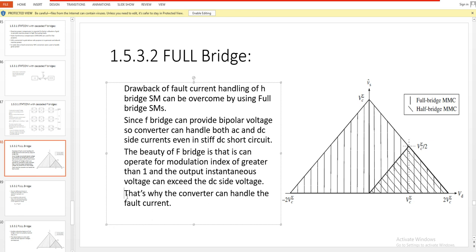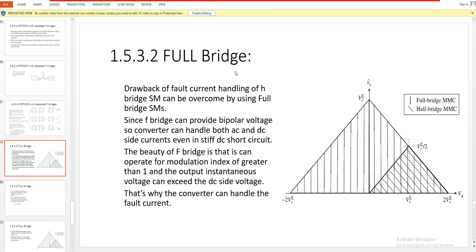Because of this excellent feature, we can say that full bridge MMC can basically handle the fault current, because here the instantaneous AC voltage is exceeding the DC side applied voltage.